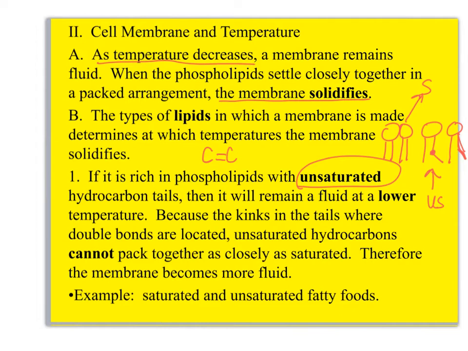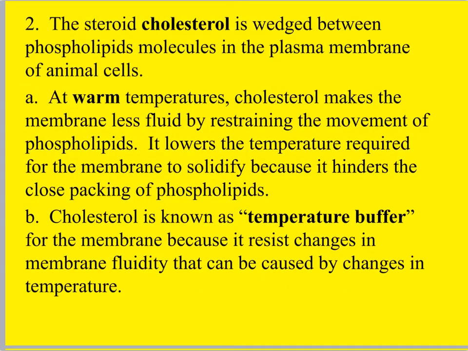That kink makes it not be as closely together. So it's going to be harder for it to solidify, so it can be colder and colder. So it's going to remain fluid and not solidify until it gets to a much lower temperature comparatively.